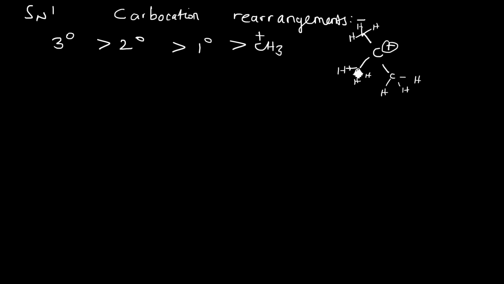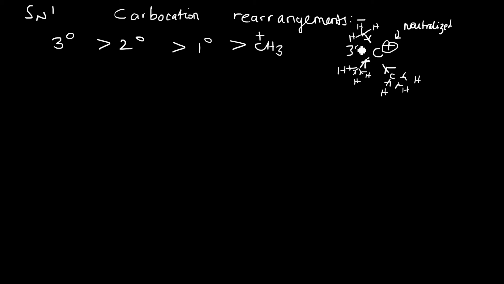So the hydrogens will kind of donate electron density through bonds. So you have so much electron donation through bonds towards the plus sign. So this plus sign right here is kind of neutralized. I'm saying kind of because it's not going to be completely neutralized.